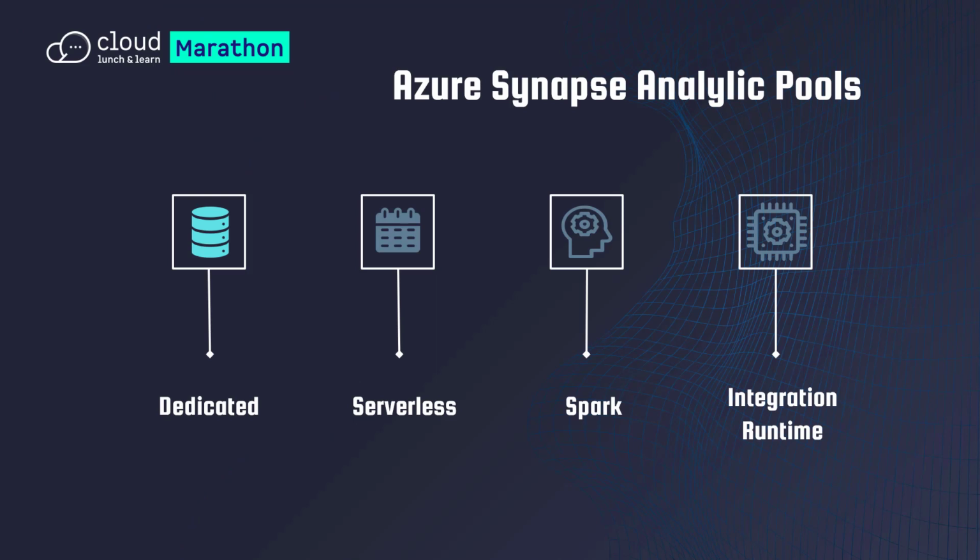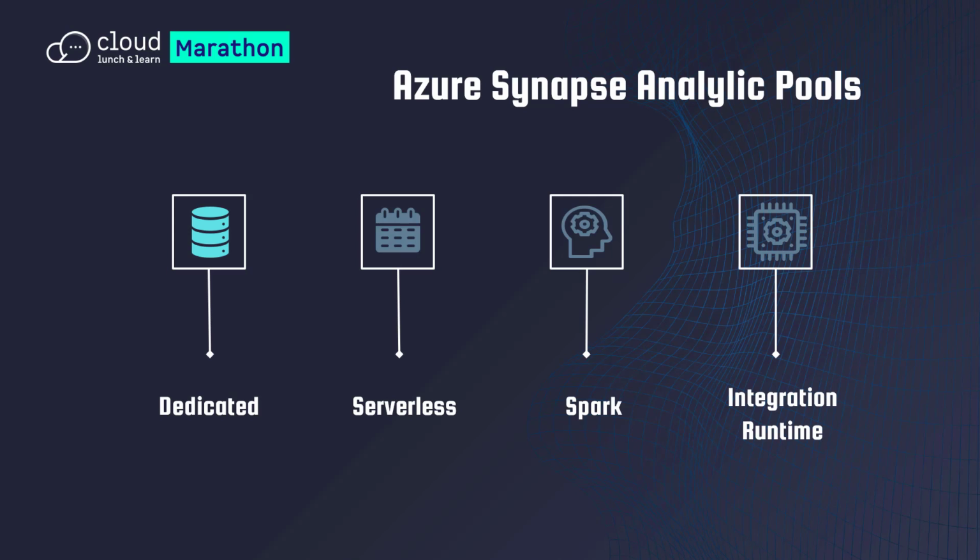Now, there are 4 different pools that are available in Azure Synapse Analytics for you to do work with. Azure Synapse is like a number of Microsoft's newer products where the compute is separate from the code environment.